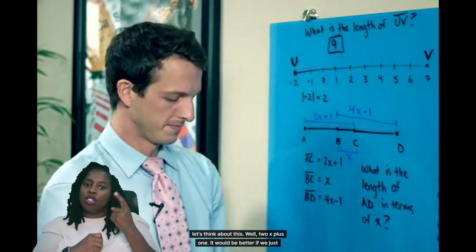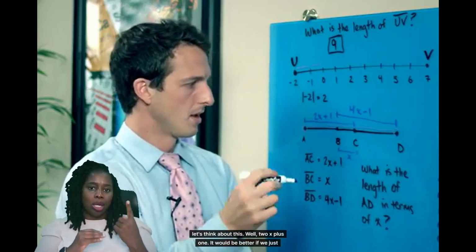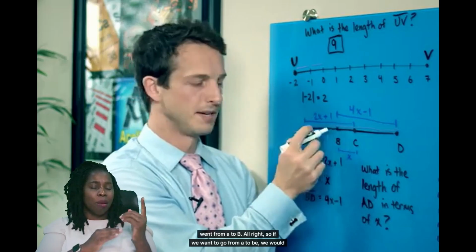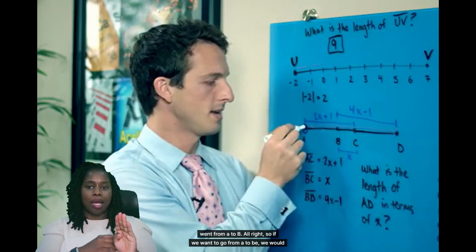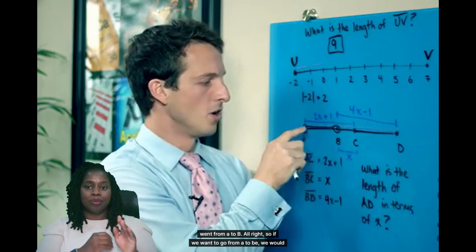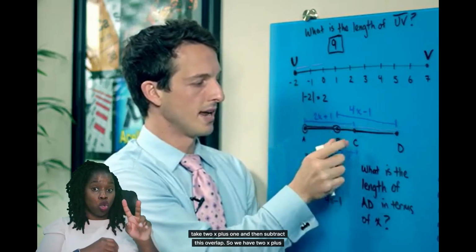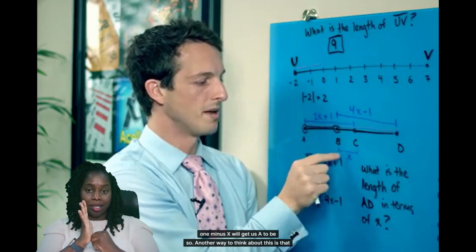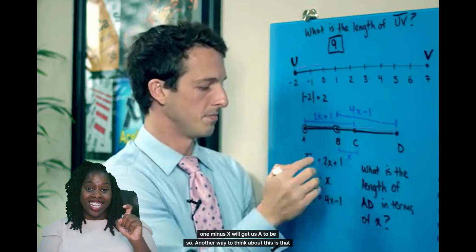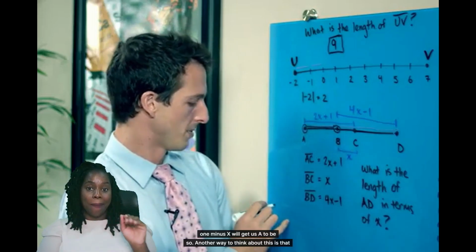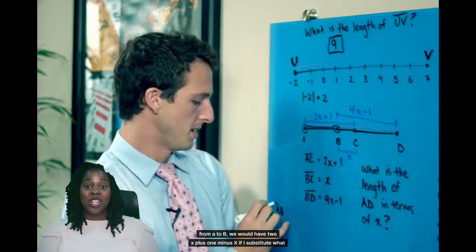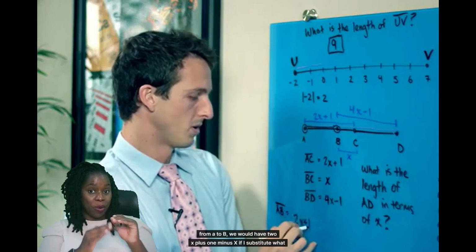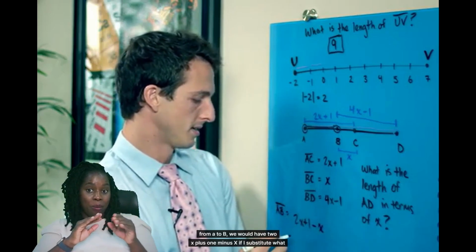So let's think about this. Well, 2x plus 1, it would be better if we just went from A to B. All right, so if we want to go from A to B, we would take 2x plus 1 and then subtract this overlap. So we have 2x plus 1 minus x will get us A to B. So another way to think about this is that from A to B, we would have 2x plus 1 minus x.